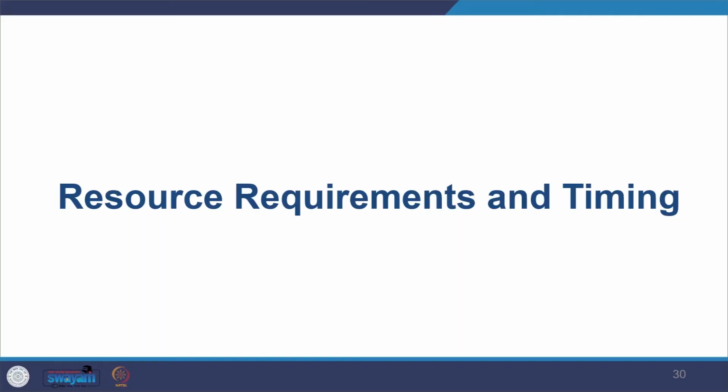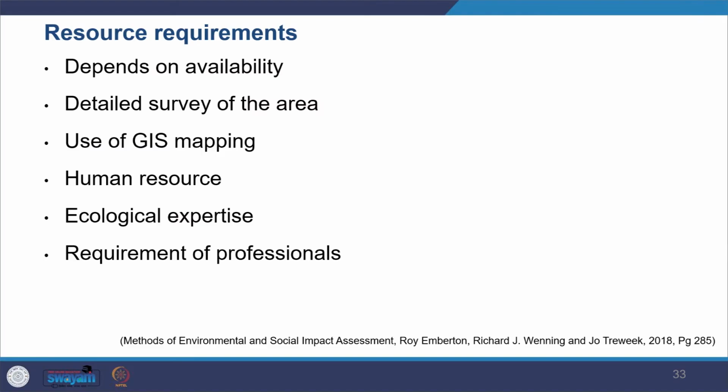Further, looking into resource requirements and timing, there will be a lot of variation in terms of what kind of resources and time are needed for an EIA, and it will all depend on what kind of information is already available for your study area. If no data is available, then you might have to undertake a lot of primary study.